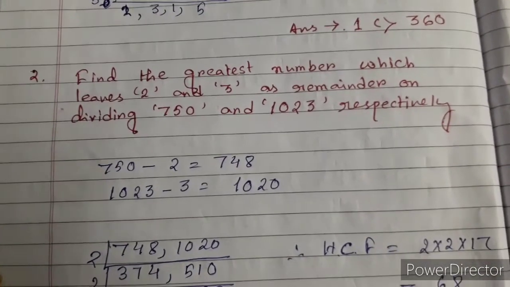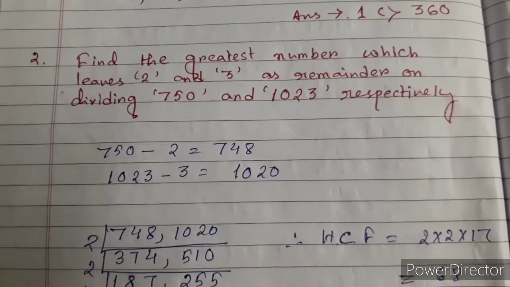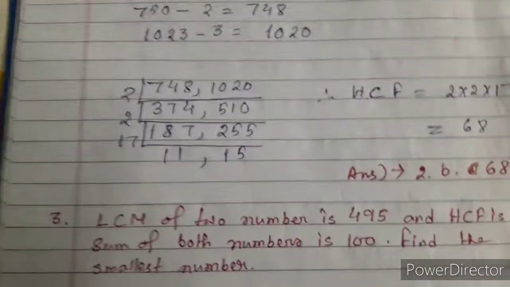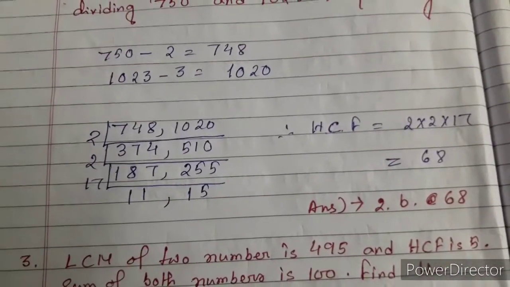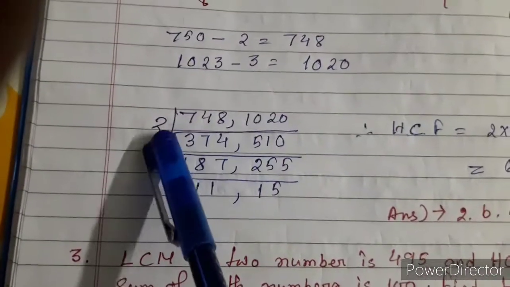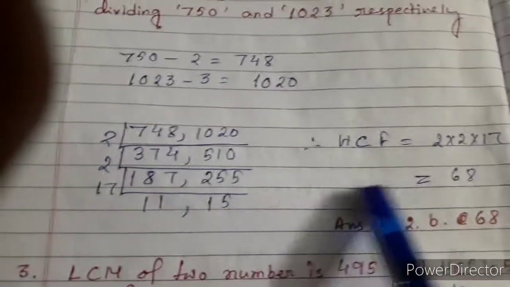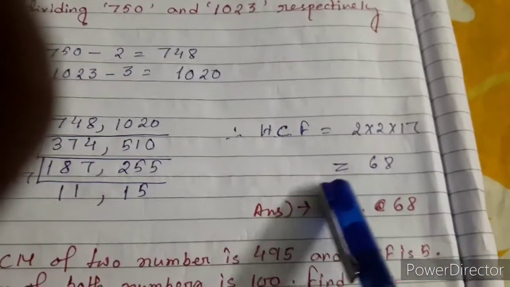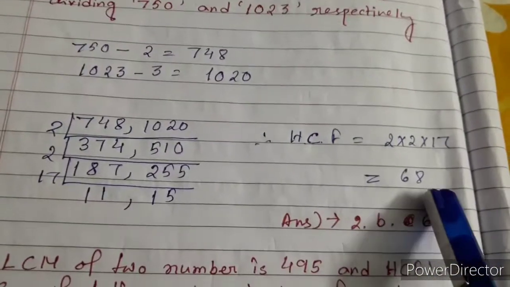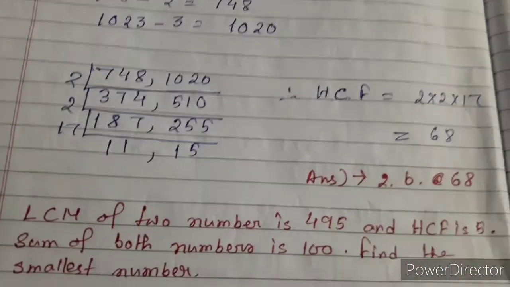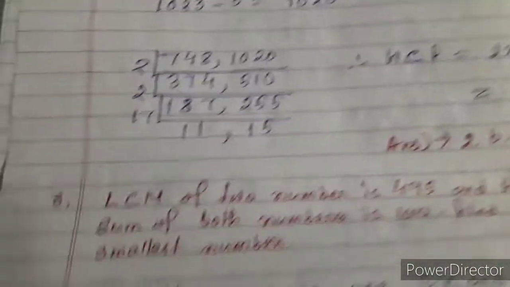So you will get 748 and 1020. Now you have to find the HCF of these two numbers. In this way you can find the HCF. So the HCF of these two numbers is 68. Clear? So the answer is 2B, 68.